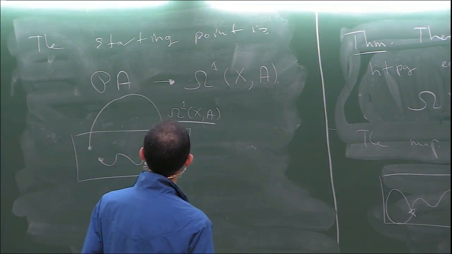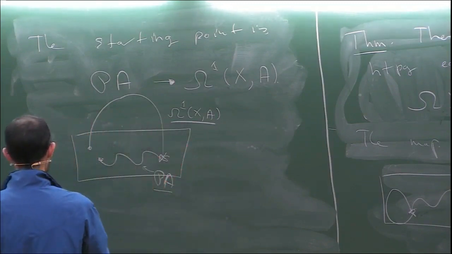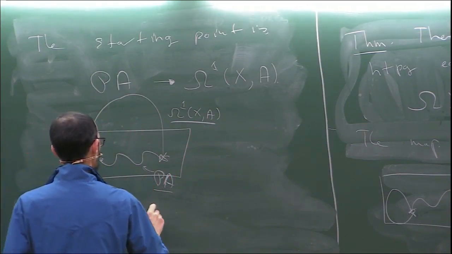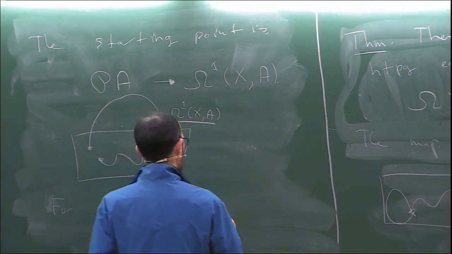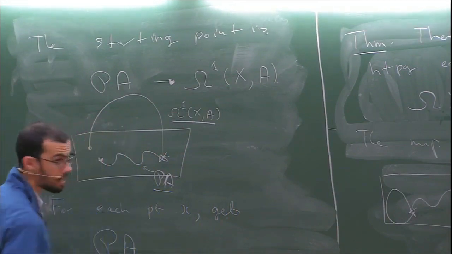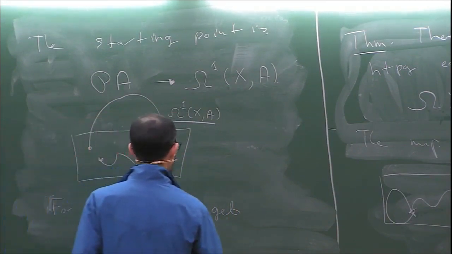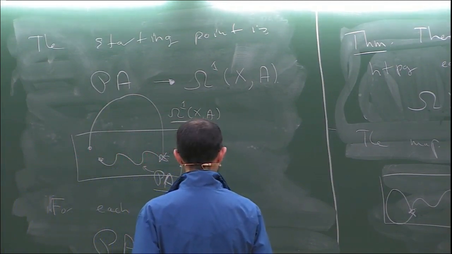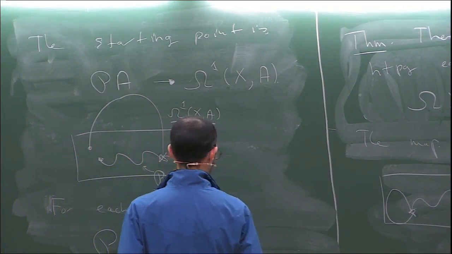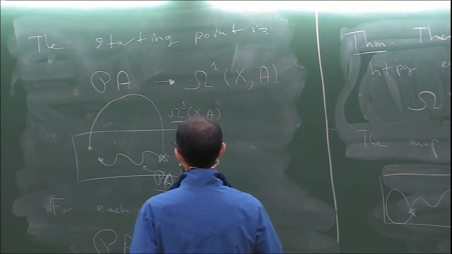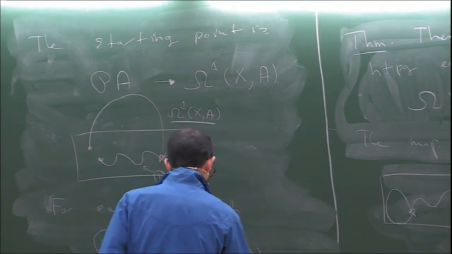Good. So what I want to do is fix, for each point x, the space of paths from x to A, including inside these loops XA which evaluate down to x.